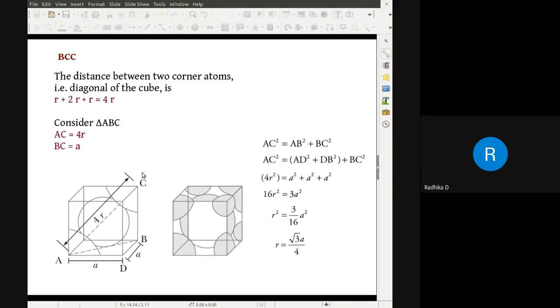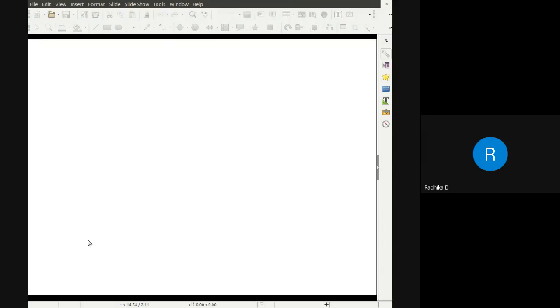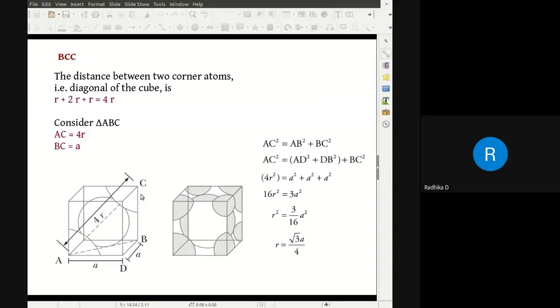This side BC is the same as the cube length, A. If I consider this triangle ABC, I have the length AC, I have the length BC, but I don't know what AB is. If I consider three sides of a triangle, I should know the length of each side. I have one side AC, 4R, another side BC, A, and the third side AB, you have to find.